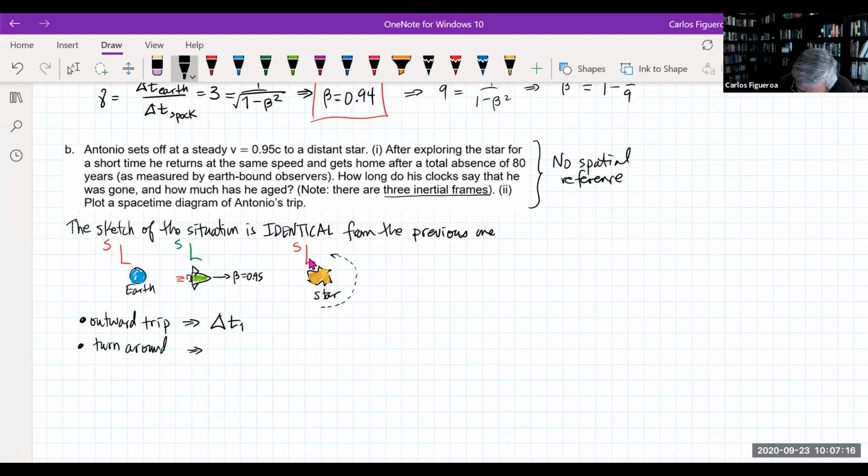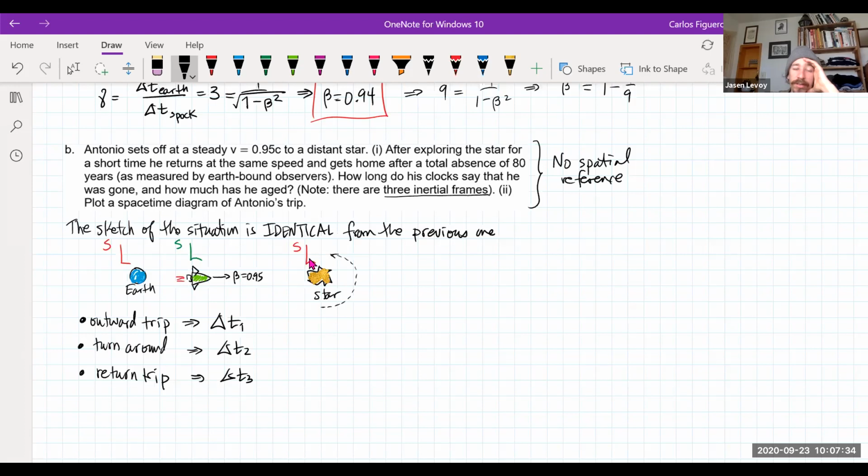When I look at the turnaround, I'm going to call that T2. And then it has to come back from the star. So there has to be the return trip, and I'll call that T3.